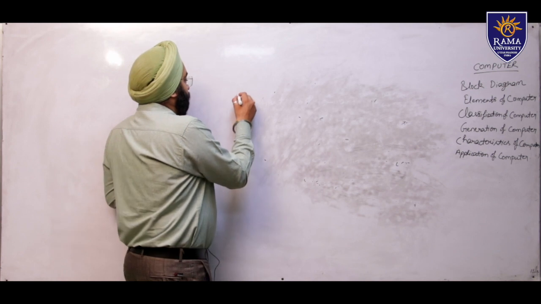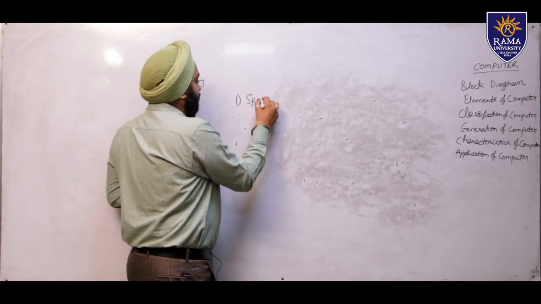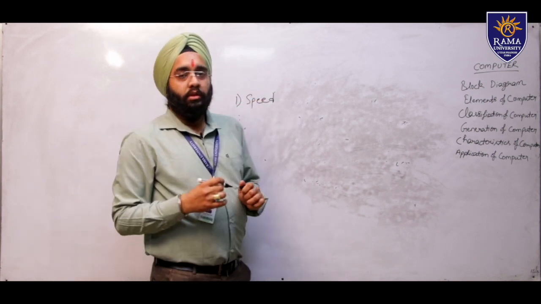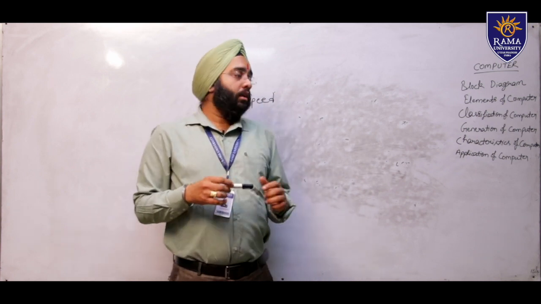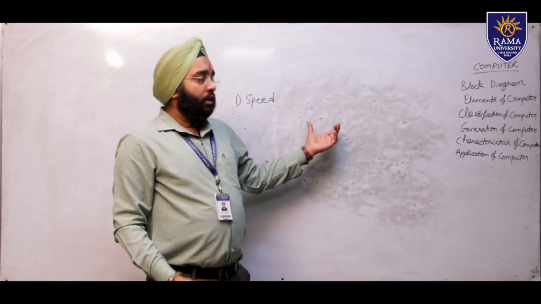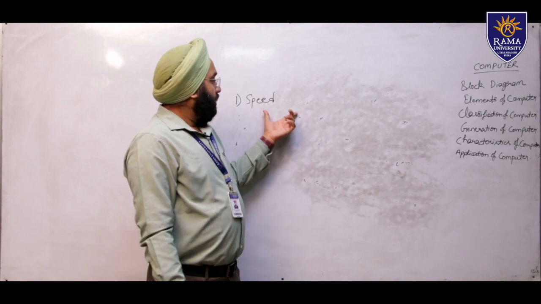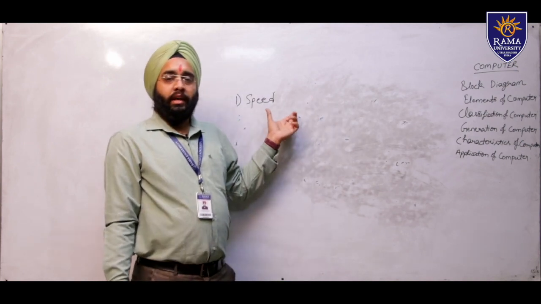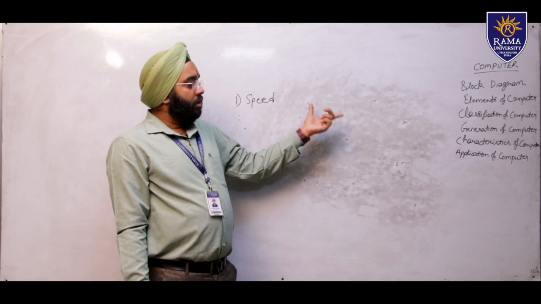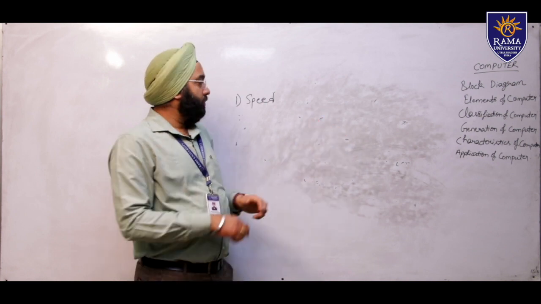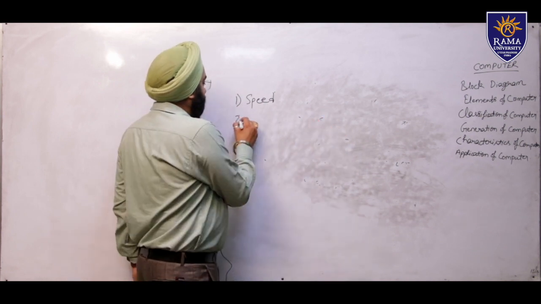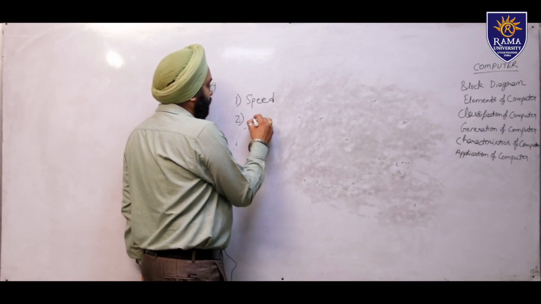So the first characteristic is speed. If we compare a computer system with a human being, definitely you will say a computer can work faster in comparison to a human being, right?